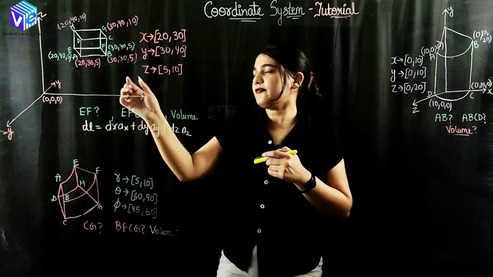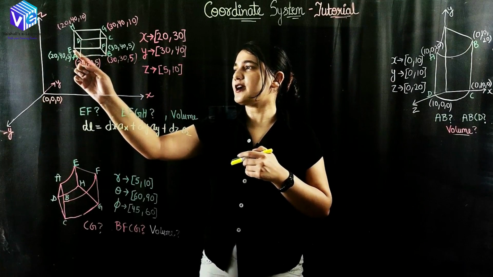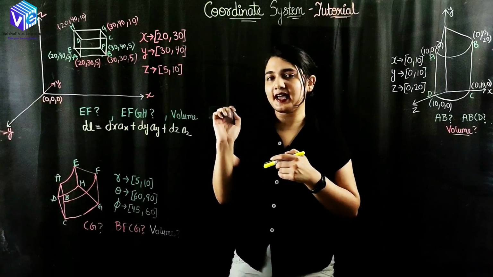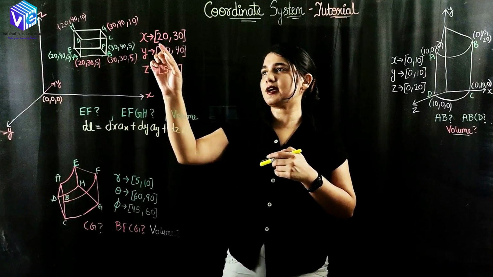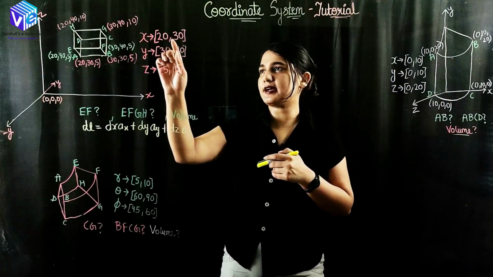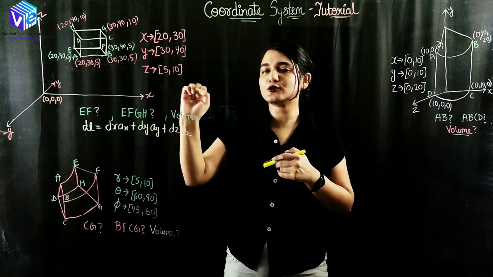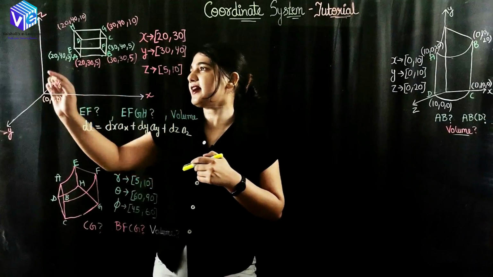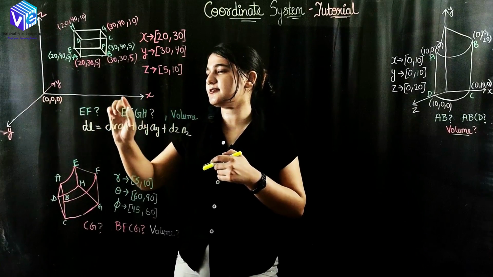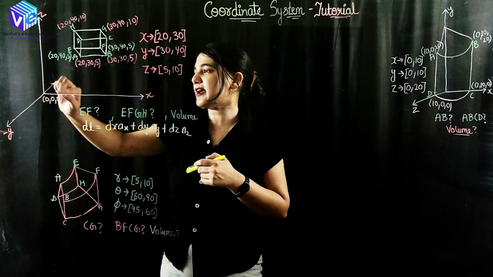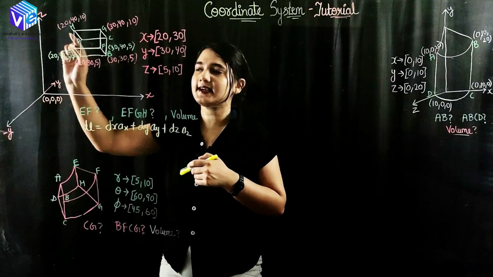Okay, so now we have to see the coordinate E and the coordinate F. It is given in the question that x is varying from 20 to 30, y is varying from 30 to 40 and z is varying from 5 to 10. If I see this coordinate system, this is my x-axis, this is my y-axis and this is my z-axis.